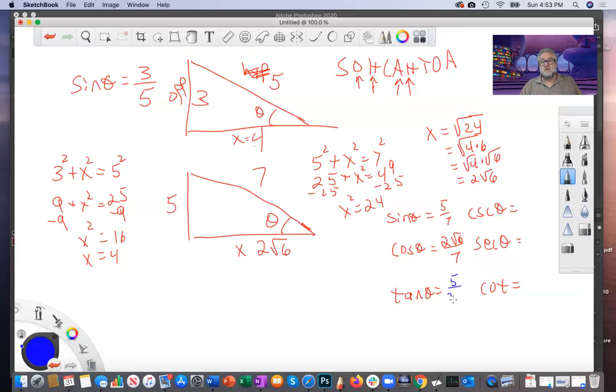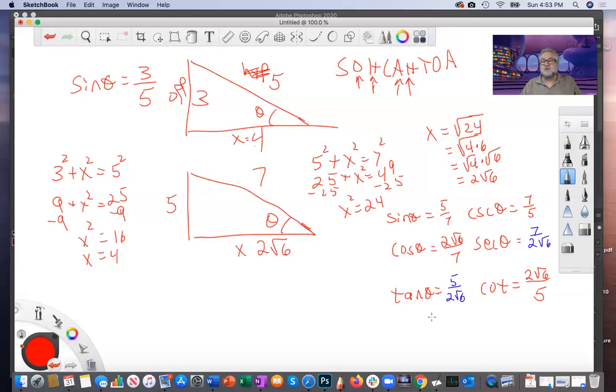Cosecant is 1 over sine, so we flip it. Secant, we flip 1 over cosine, so 7 over 2 radical 6. And cotangent is 1 over tangent. It gets flipped, 2 radical 6 over 5.